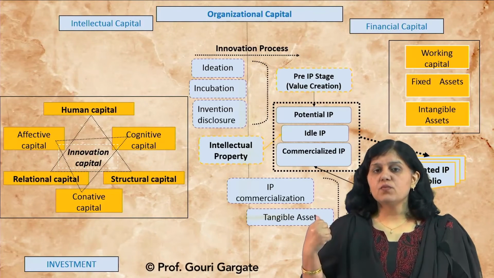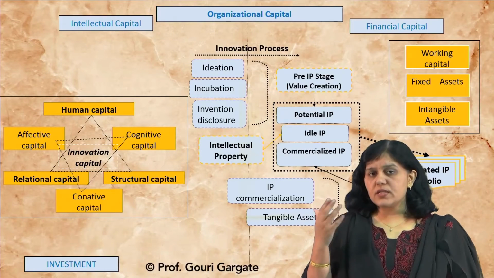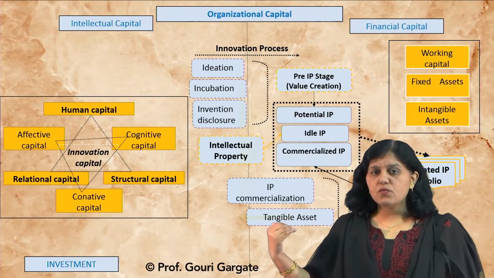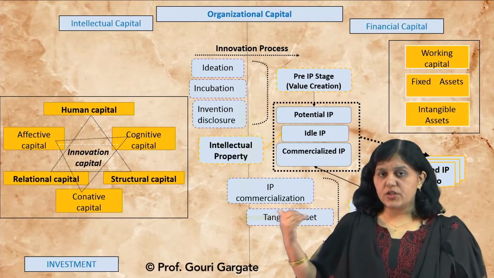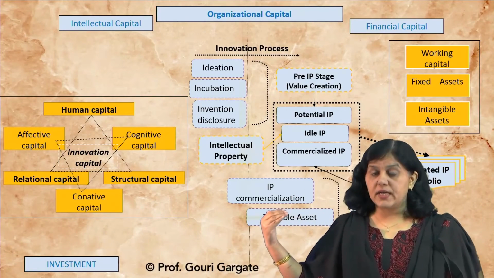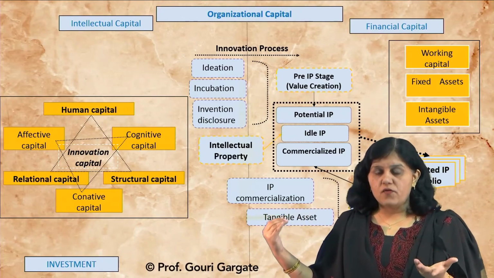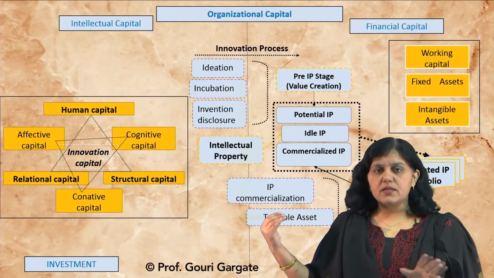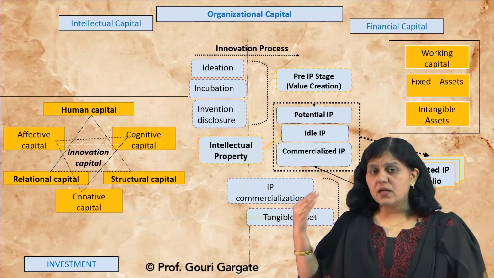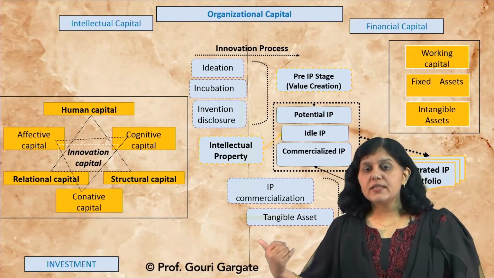Now, you can see this movement, that is ideation, then invention disclosure, these are towards the investment. But once you start moving towards commercialization, you are moving from investment side towards a financial gain side, and that is expected when we are doing research. Obviously if it is applied research, not fundamental research, definitely that movement from investment side to a financial gain side is expected.